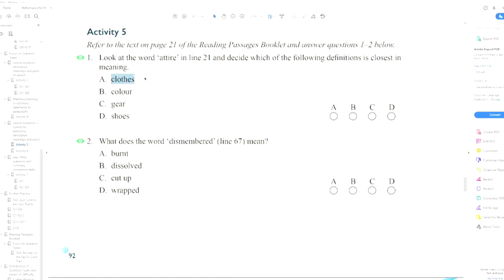Yeah, clothes means attire. Color, definitely not. Gear would be like shoes, equipment, and you normally wouldn't be dressed in gear. It could be, that's very close, but especially if you say light attire, which they do here, that would just mean like you have very simple shorts and a t-shirt on. Whereas gear would mean that you have expert equipment.